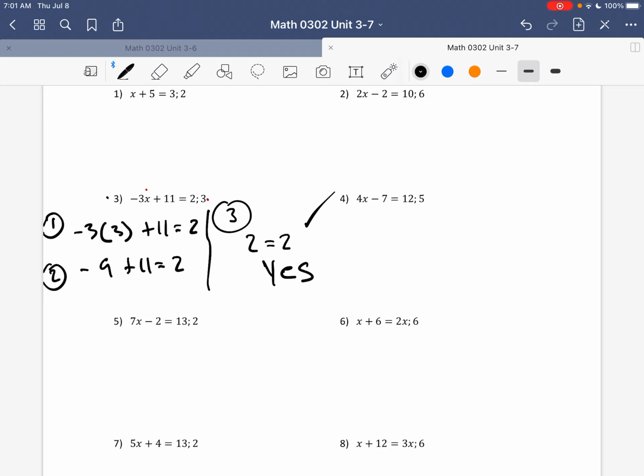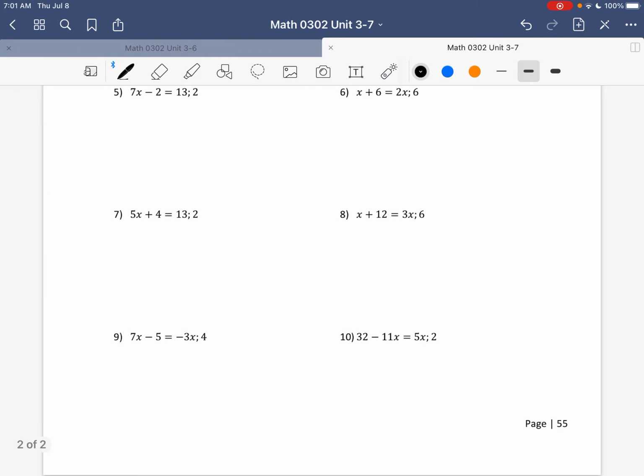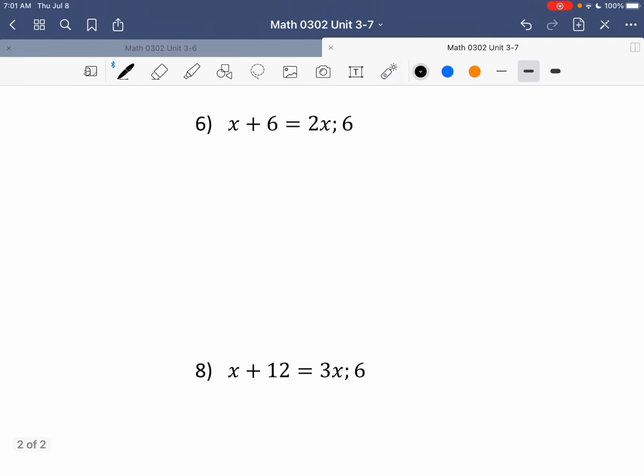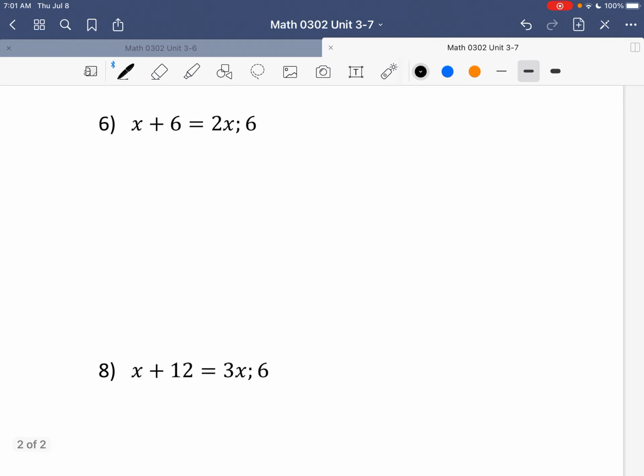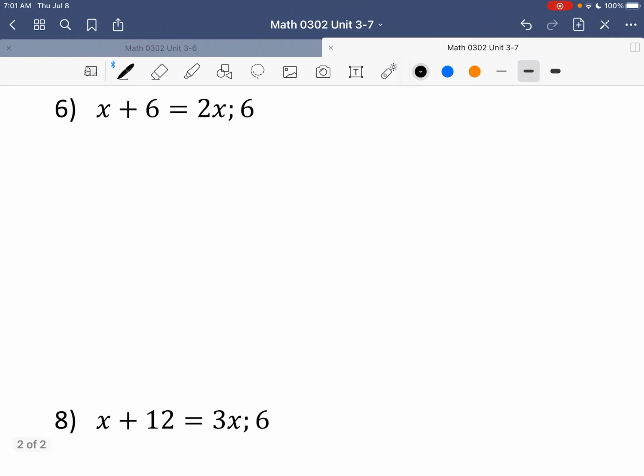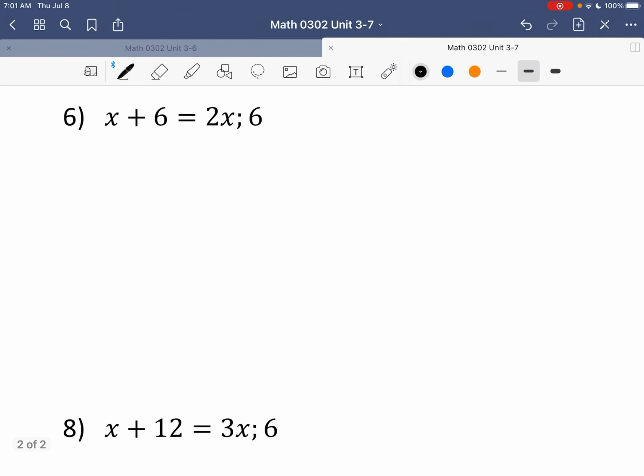Let's take a look at number 6. In number 6, it's asking us to determine if the number 6 is a solution of the equation x plus 6 is equal to 2 times x.